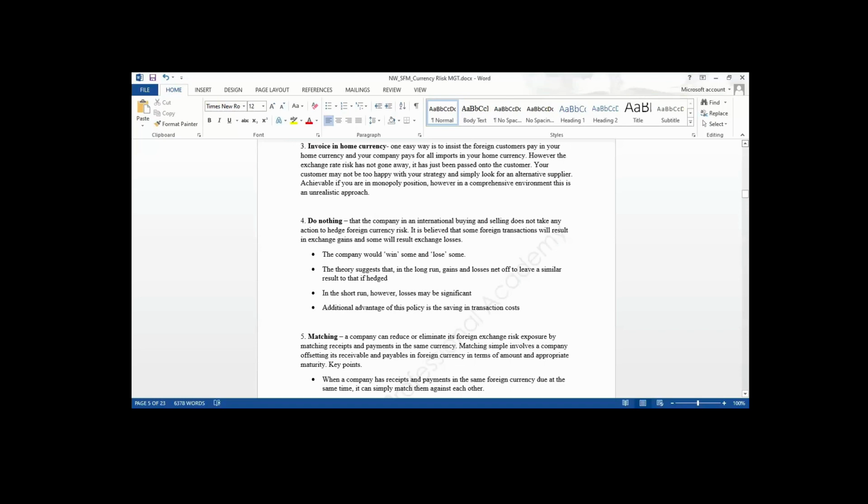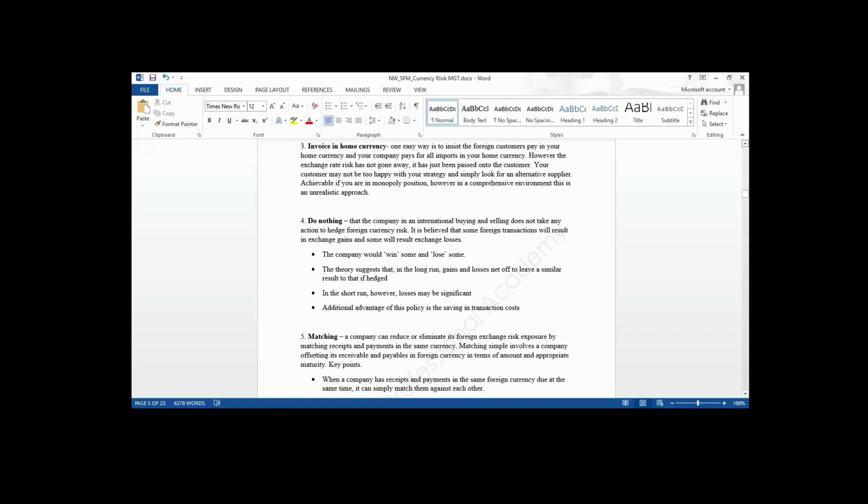You are trying to match your payment in 3 months in dollars, 50 million, with your receipt in dollars, 3 months. You try to match the two transactions. The extent to which you can match your payments will give rise to netting. For example, I'm to pay $50 million. I'm expecting inflows in dollars, 40 million.